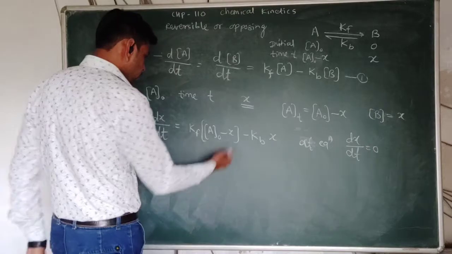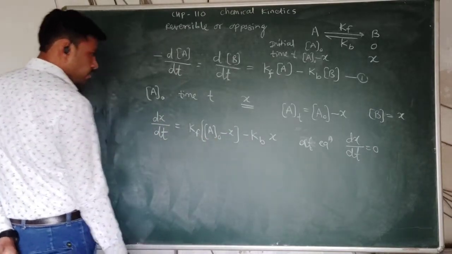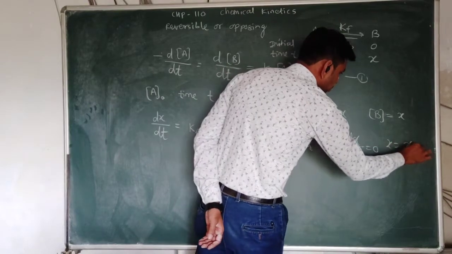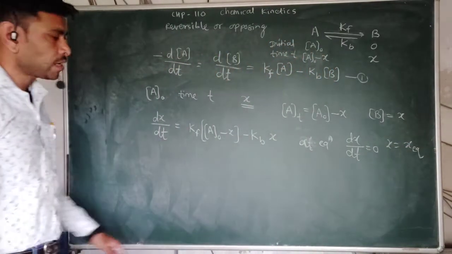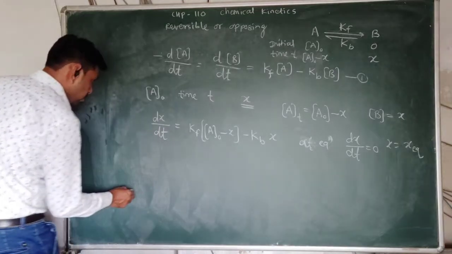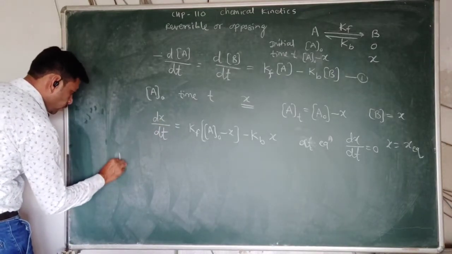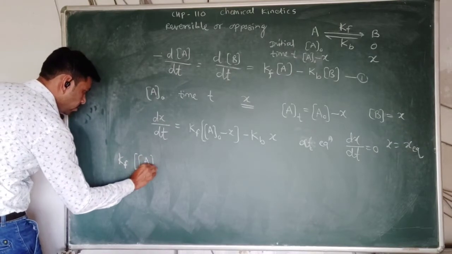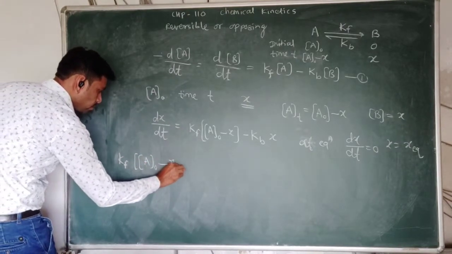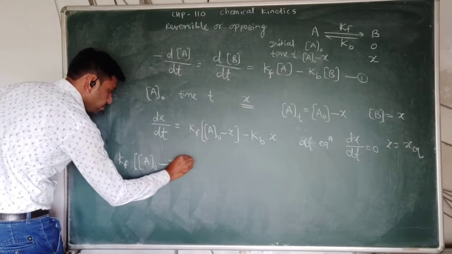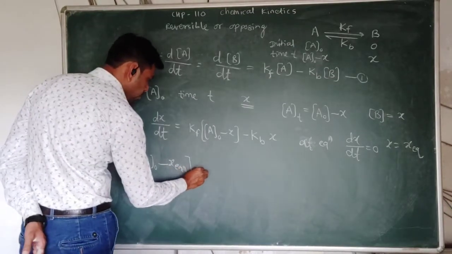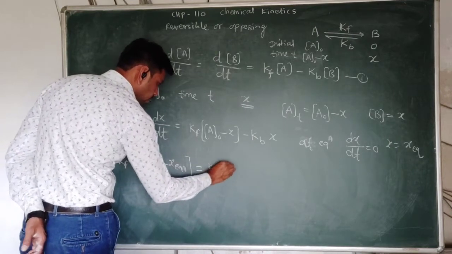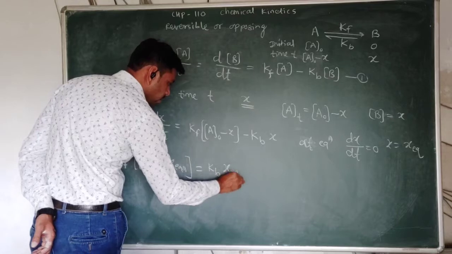If dx by dt equals 0, then x equals x equilibrium, the concentration at equilibrium, so the equation becomes Kf into A0 minus x equilibrium equal to, the minus becomes plus, Kb into x equilibrium.